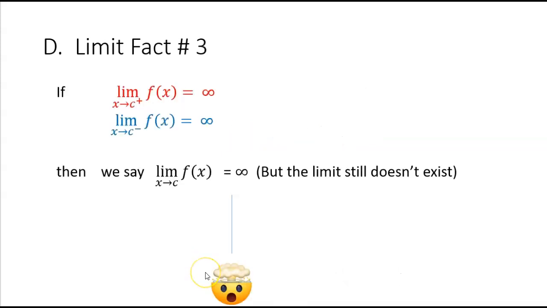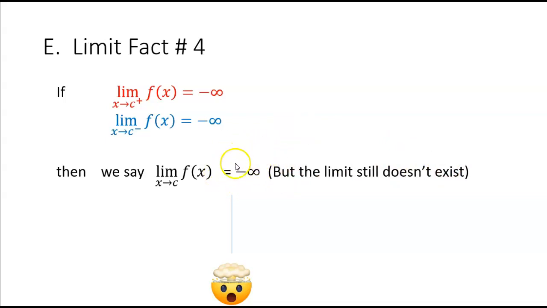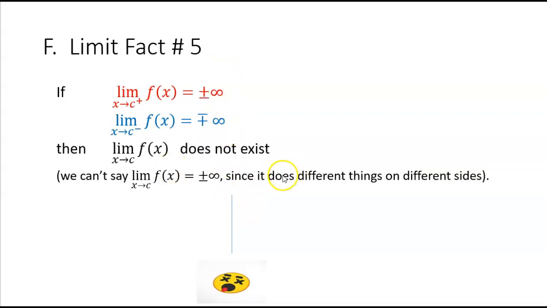Another way you could tell that the limit doesn't exist is if you end up with an infinity on either side. But even though that means that they don't exist, if they're the same kind of infinity, instead of just saying they don't exist, we can actually put positive infinity if they're both positive infinity, or negative infinity if they're both negative infinity. But if they're opposites, then we just still have to say, okay, fine, it just doesn't exist.